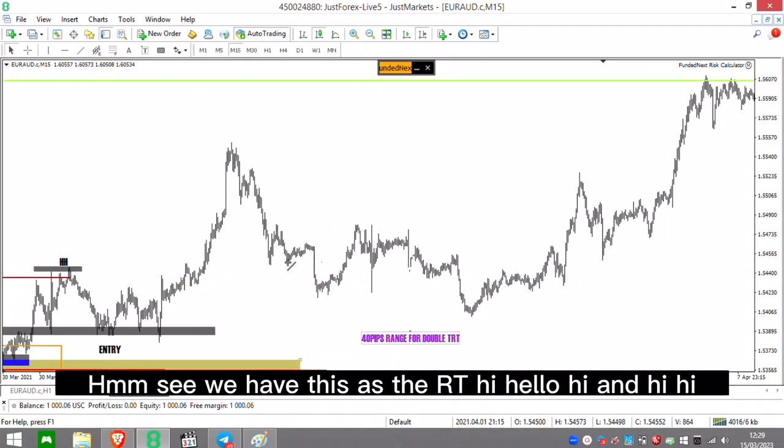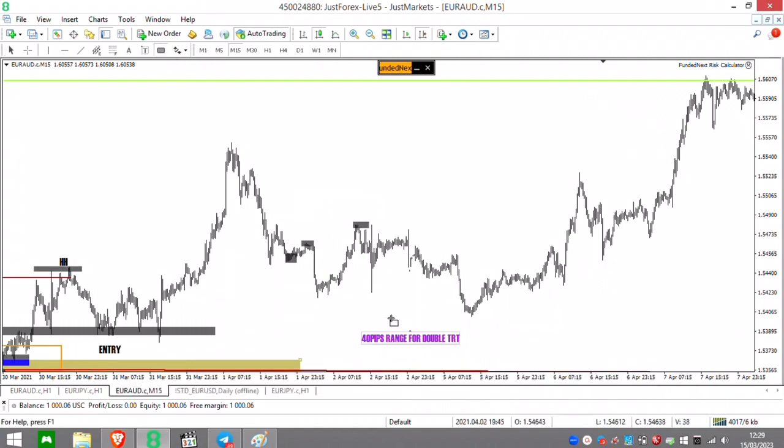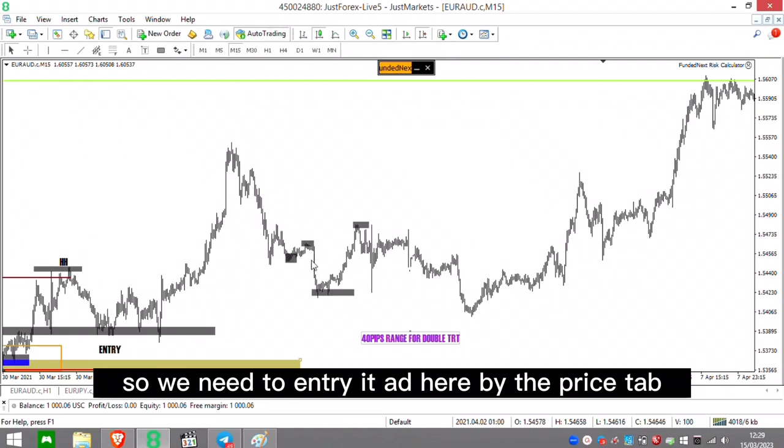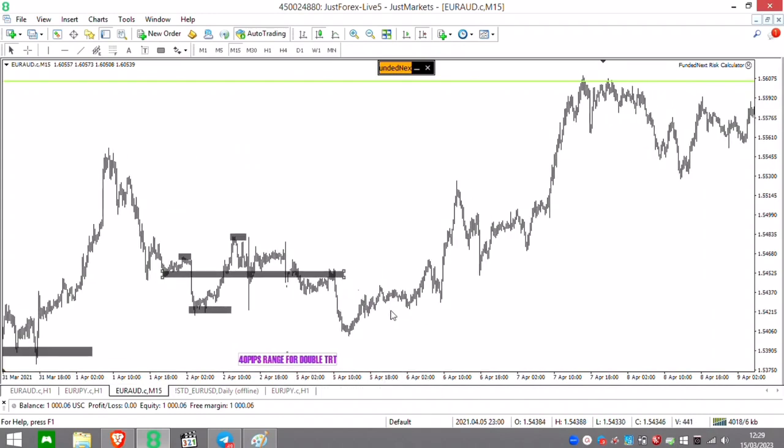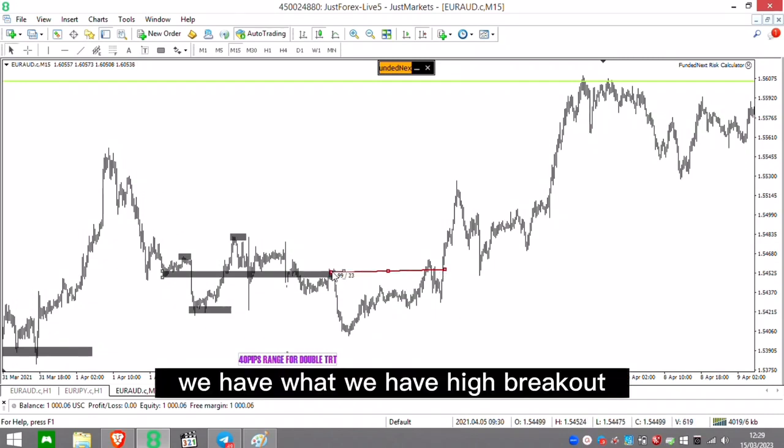See, we have this as the TRT: high, a low, high, and higher high, lower low. So we need to entry it here by the price, tap the stop loss, and we continue at here. We have what?